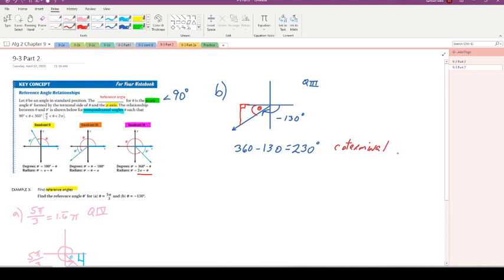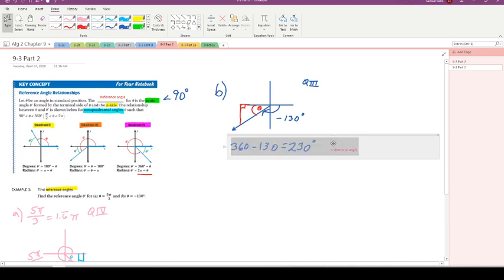I'm going to make it so you can read it, coterminal angle. So that's my coterminal angle.